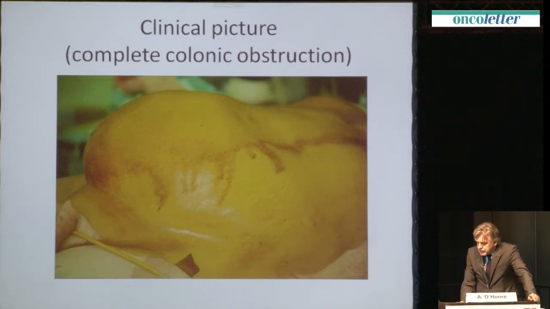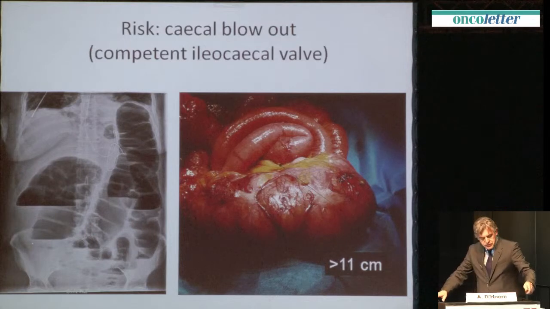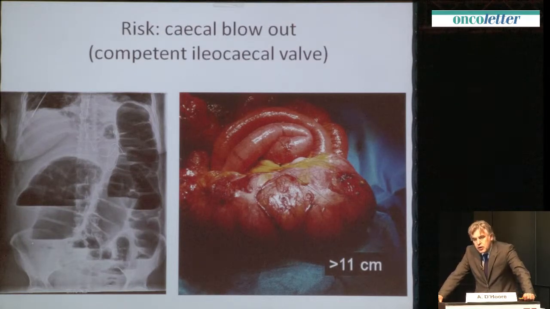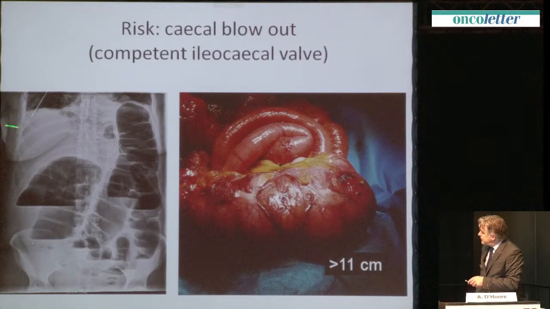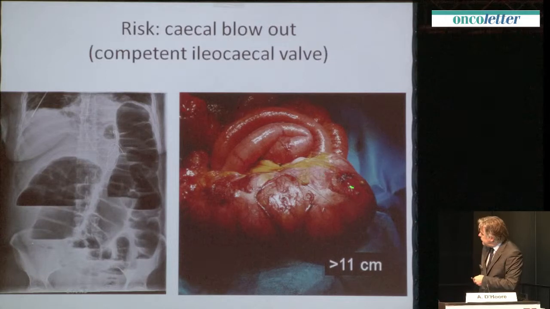And one of the big problems is that also during the treatment, even if you avoid any surgical act and go for neoadjuvant treatment, especially in those patients who have a competent ileocecal valve, you get a progressive distension of the right colon, and you're at risk of a cecal blowout. As you can see here, you see progressive tearing in the cecum.